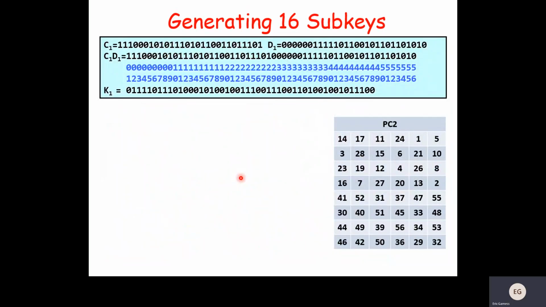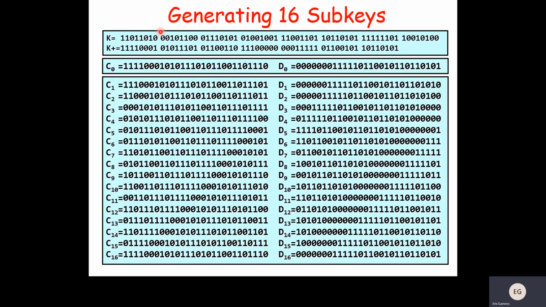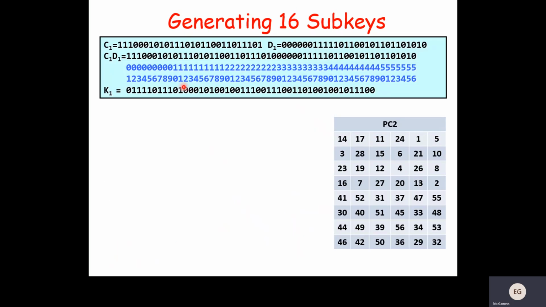Let's see an example. For example, let's see how we generate K1. Let's say that you already generated C1, D1, C2, D2 up to C16, D16. You want to go from C1, D1 to K1. So here I put the information of C1, D1.